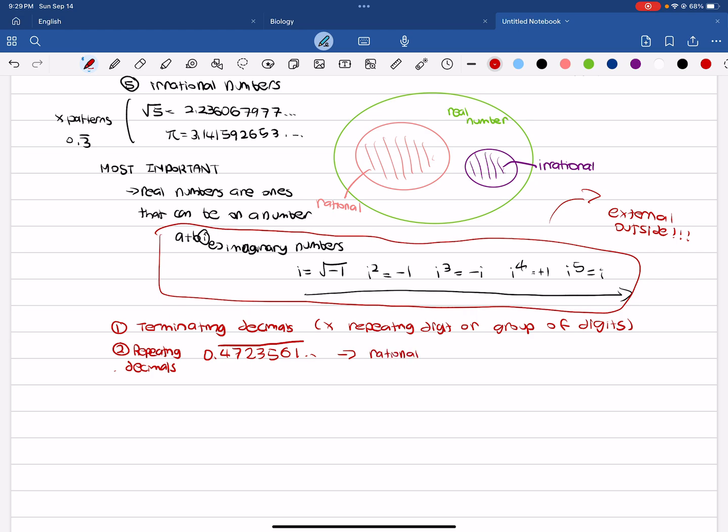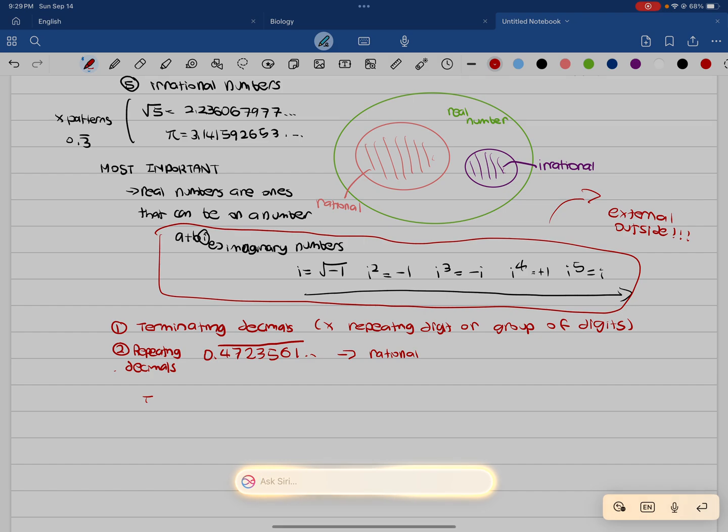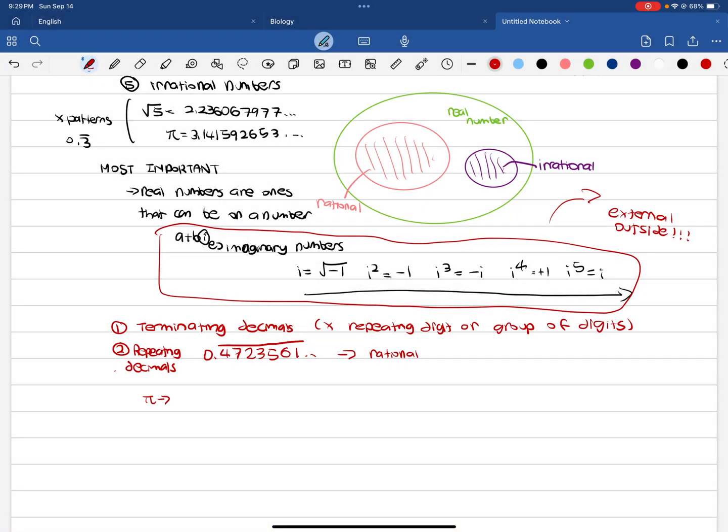But things that don't repeat, like pi, are considered irrational. But it's still part of the whole real number group, although it may not seem so. The imaginary numbers, a plus bi, are considered outside of real number territory.